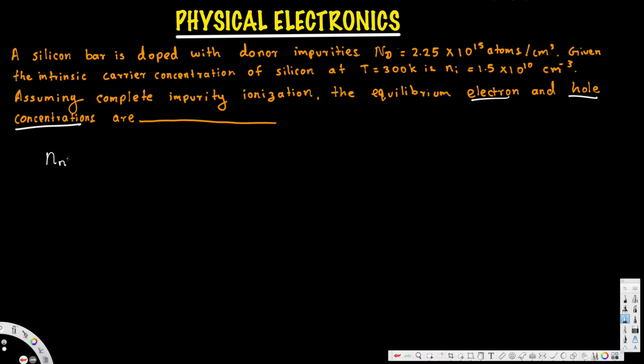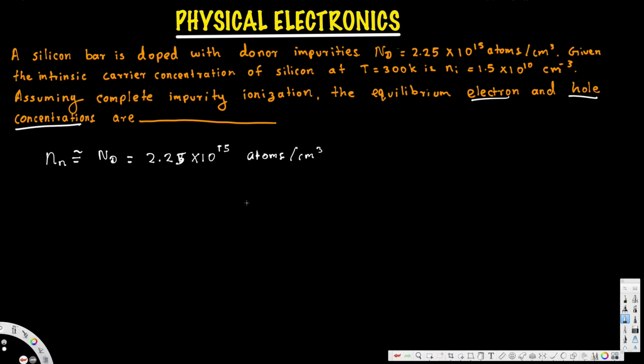It means Nn is approximately equal to Nd, and that value is given right here. This is the donors added, so that's going to be the Nd, that is 2.25 times 10 to the power of 15 atoms per centimeter cube. So this is going to be the electron concentration.